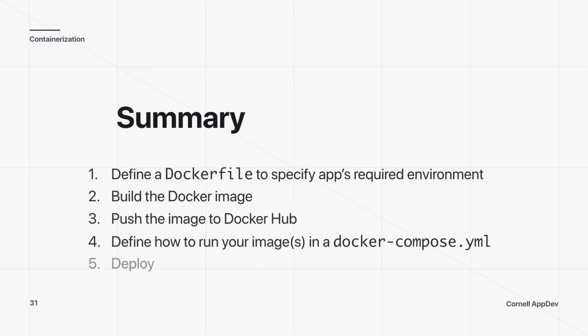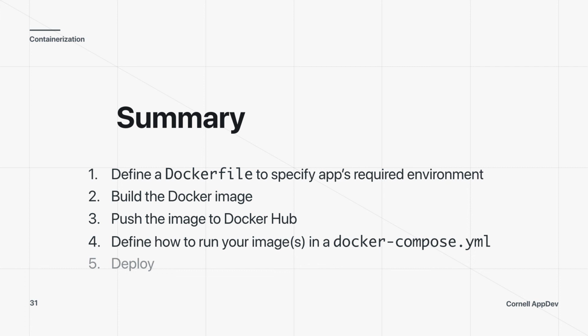So I know that was a lot, but this is a summary of what goes down when you want to get your application up and running. So first, you got to define that Docker file to specify how you can run your app. And then you can build your Docker image from that file you defined. And then you push the image to Docker Hub so that it can be accessible by any computer.